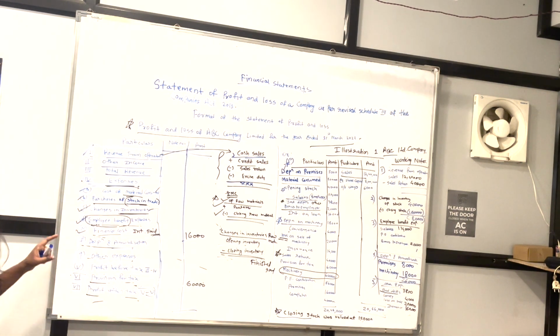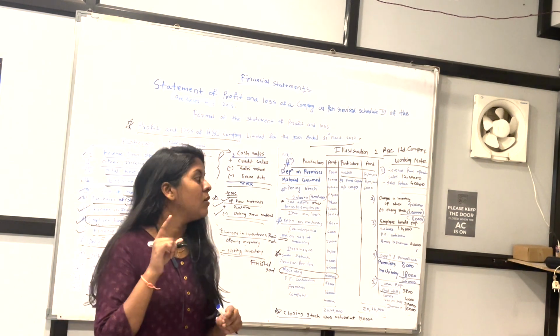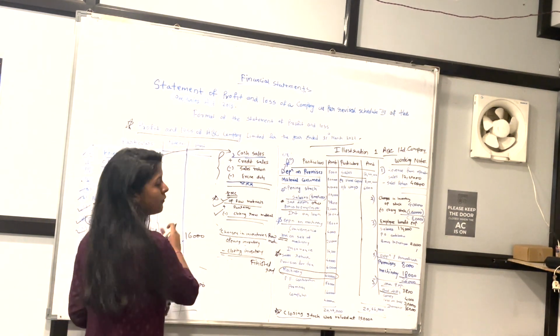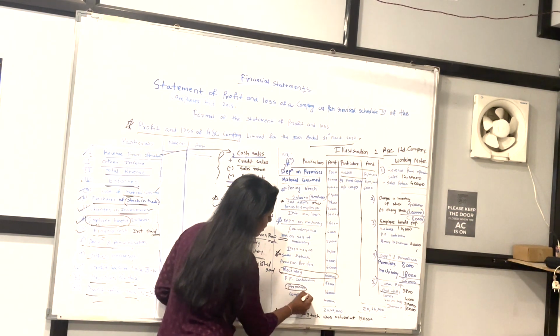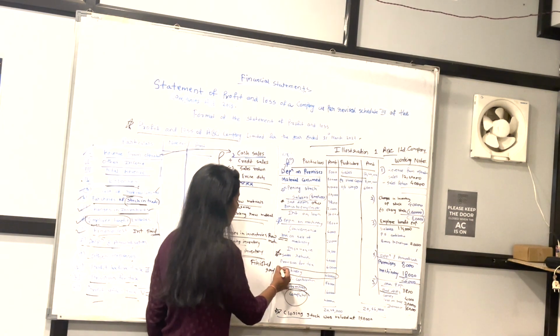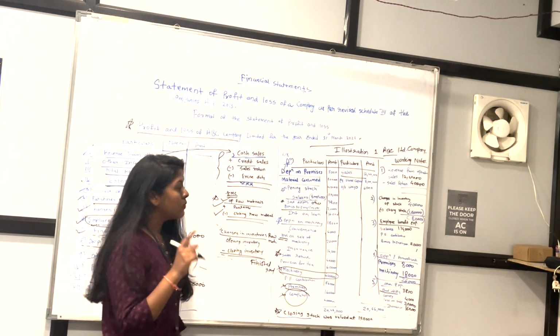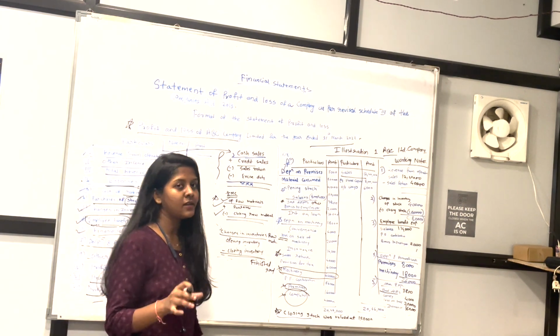No. Only depreciation on machinery or depreciation on premises will come in profit and loss account. Your machinery, your premises, your computer will go in your balance sheet. So in profit and loss account, only depreciation on premises and depreciation on machinery come.